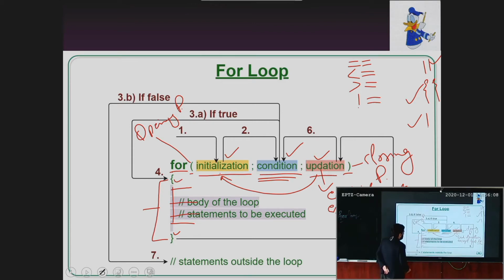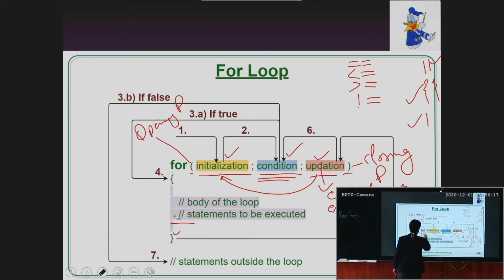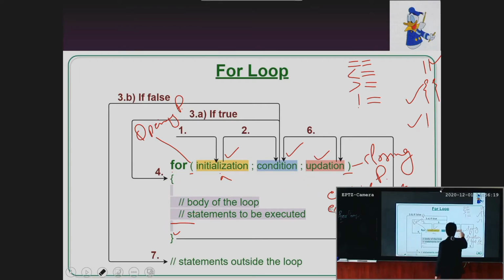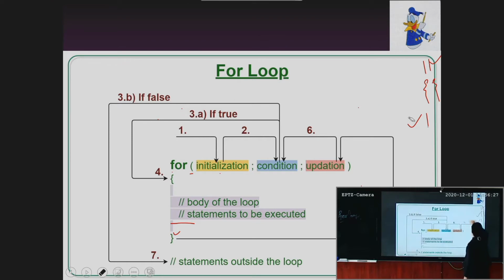Okay, so here you can see some processes shown by the arrows. Let me erase the notations. Okay, so let's see, these are the relational and logical operators.